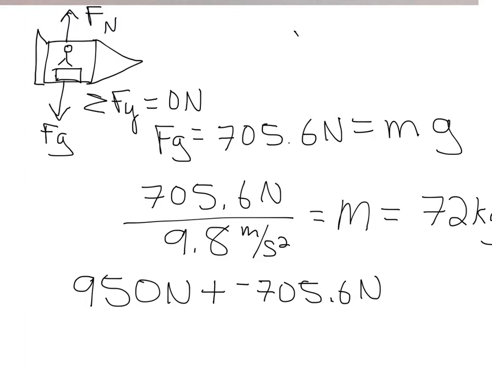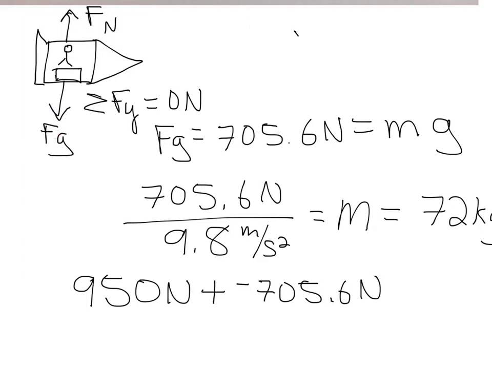But back here, I now have that negative in front of my 705.6 newtons, because what I'm thinking about are the forces acting on this guy in the airplane. He's got 705.6 newtons of force acting down.